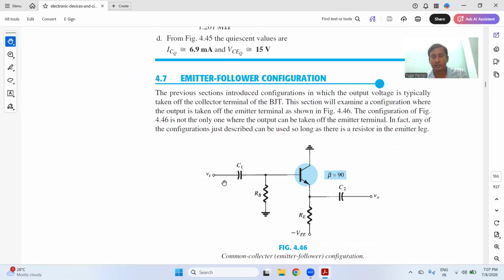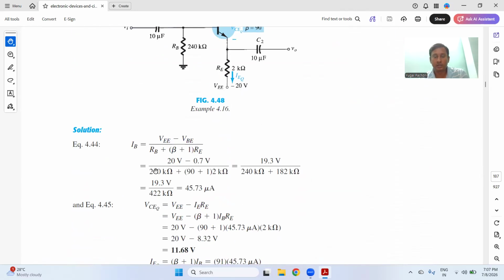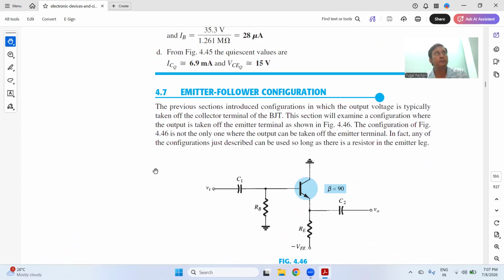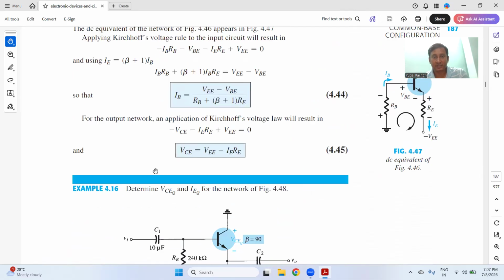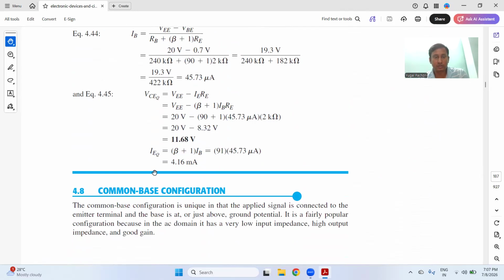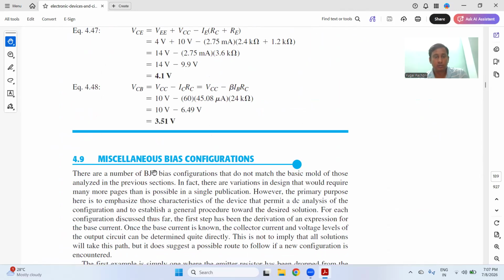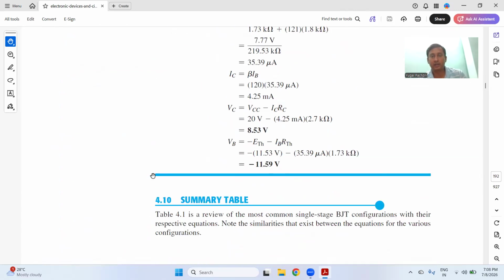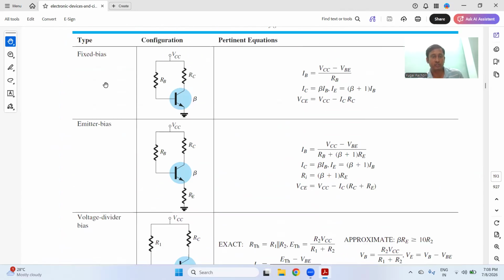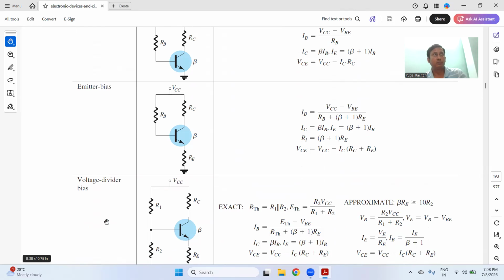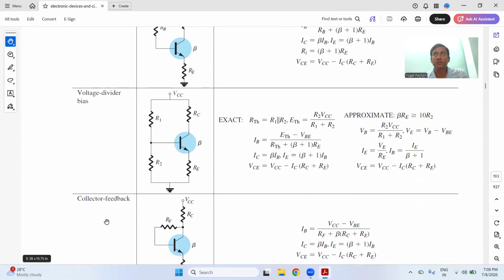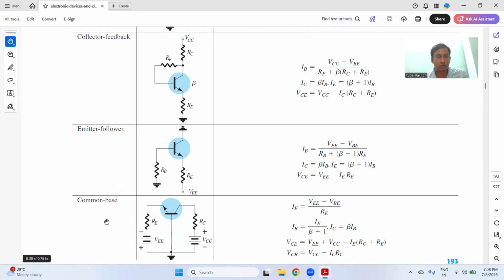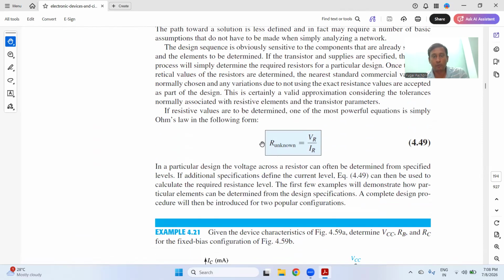And emitter follower. This is the emitter follower configuration, and you can understand it and do the analysis. Then there is the common base and miscellaneous bias configurations. So this is the same analysis. Now this is the summary: fixed bias, emitter bias, voltage divider bias, emitter follower, common base, and these are the design operations.